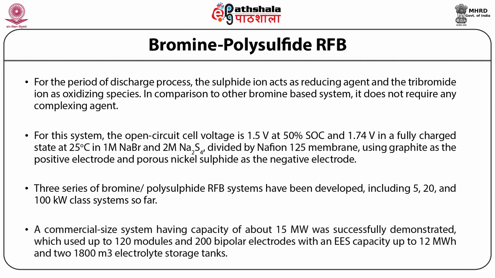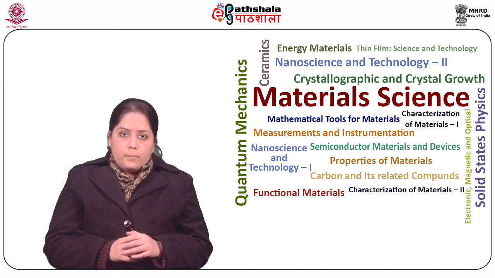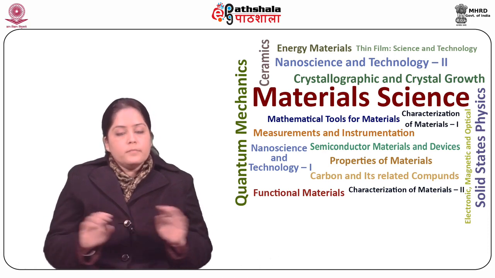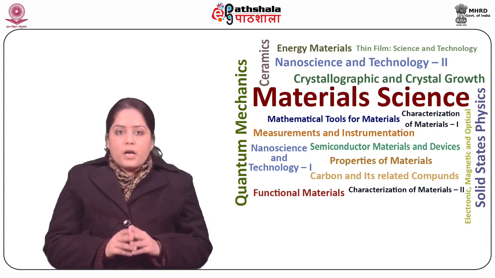A commercial size system having capacity of about 15 megawatt was successfully demonstrated, which used up to 120 modules and 200 bipolar electrodes with an EES capacity up to 12 megawatt hour and two 1800 meter cube electrolyte storage tanks. Now let us discuss the all uranium and neptunium RFBs.